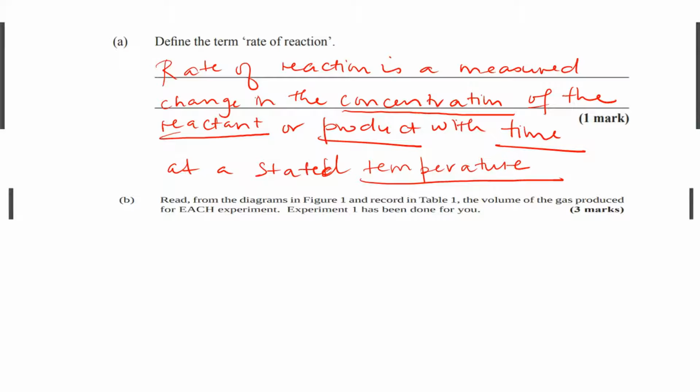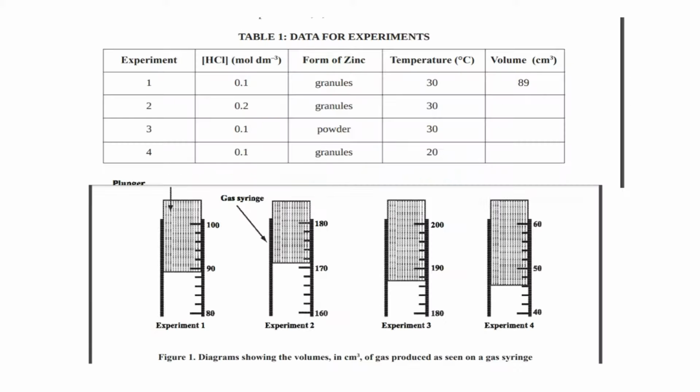Simple, easy, 1 mark. So the next question reads, read from the diagram in figure 1 and record in table 1 the volume of gas produced for each experiment. Experiment 1 has been done for you. So here we have the table and we need to read and record the volume. So experiment 1 has been done for us, and experiment 2.